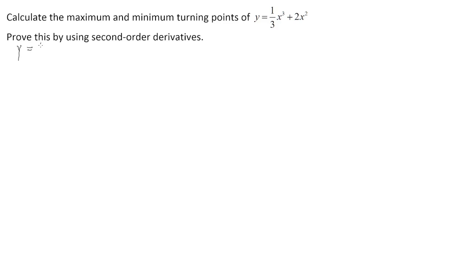y is equal to a third x cubed plus 2x squared. So we first need to find dy/dx. And that is equal to a third times 3, that's 1, x to the power 2, plus 2 times 2, it's 4x, and then 2 minus 1, that gives you 1.